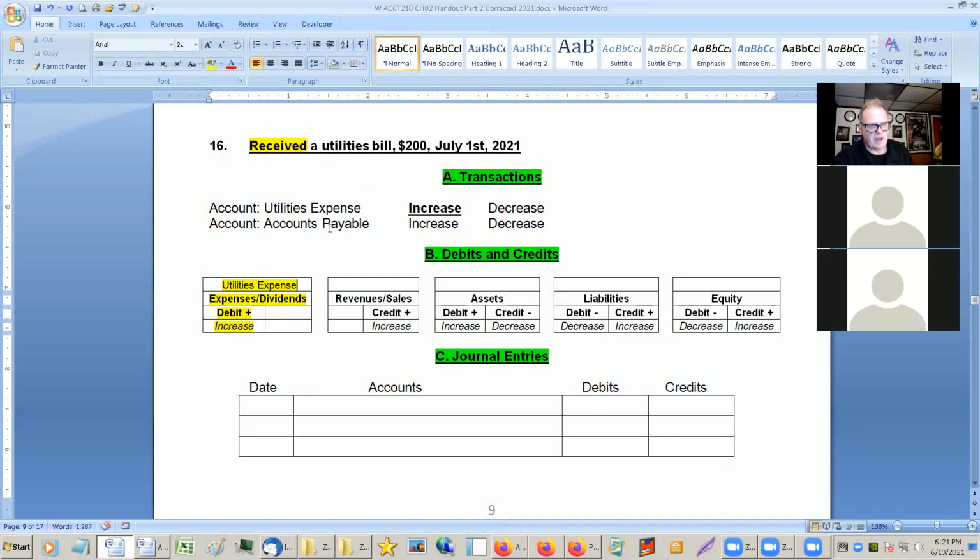Okay, accounts payable, is it going up or down? Do we owe more or less? It's going up. Yep. So liability, we owe more money now. We owe $200.